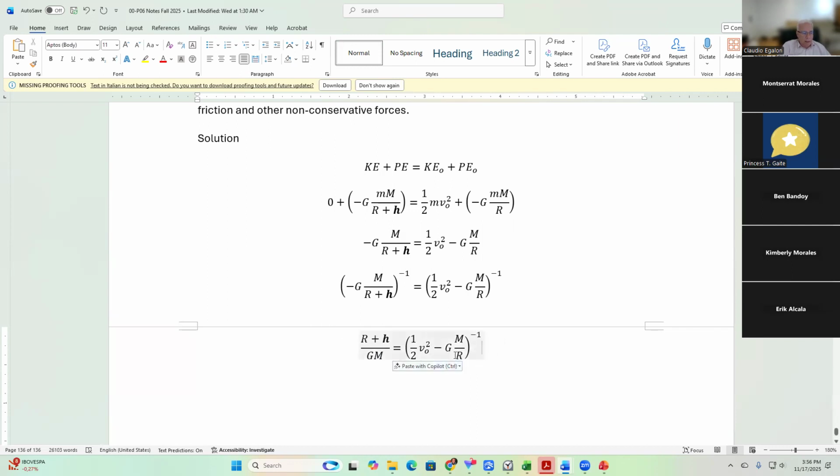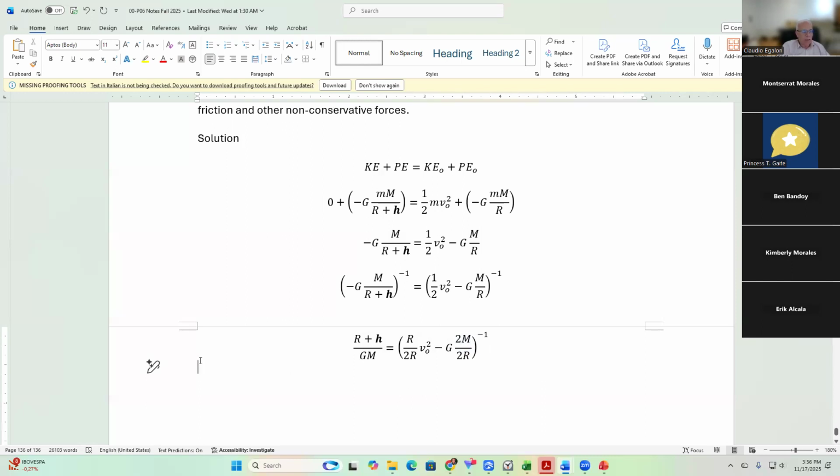In the next step, I am going to put everything under the same denominator. Let's see, what did I do? We have R and R. I've got to put 2 there downstairs, upstairs as well.